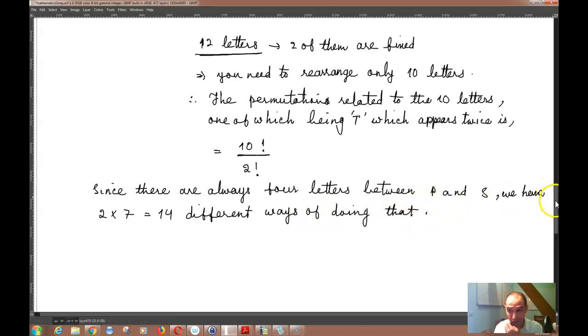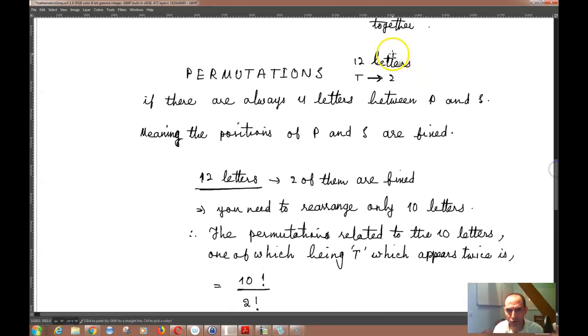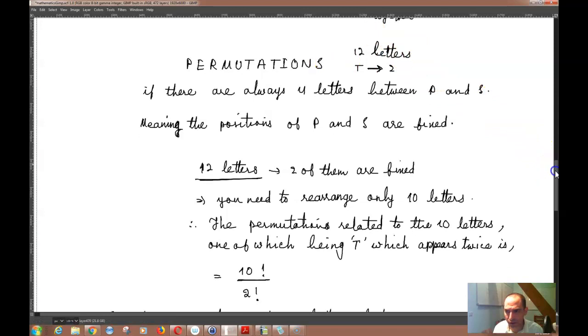So what that means is that suppose you have, and of course I came up with this explanation on my own, it has probably nothing to do with permutation or anything like that. The word that we have has 12 letters, and we are constructing 12-letter words using the 12 letters, right?